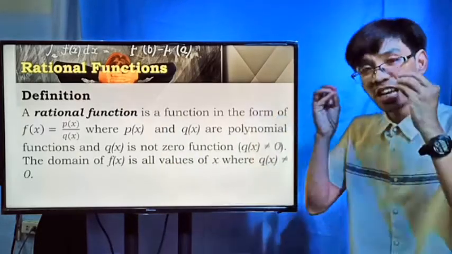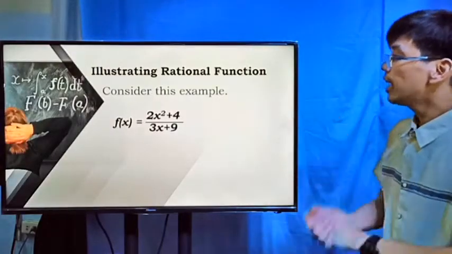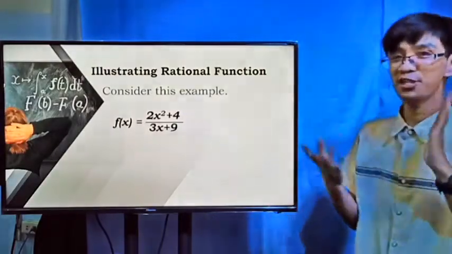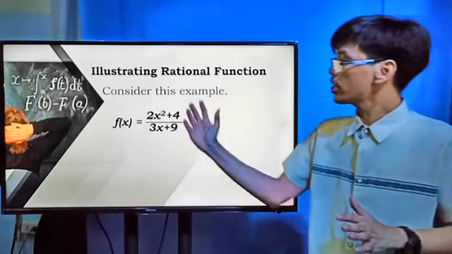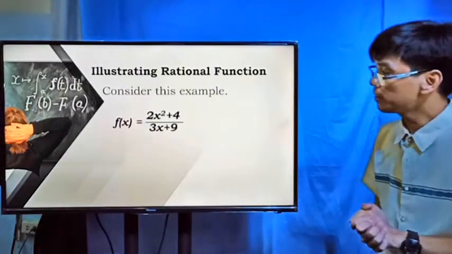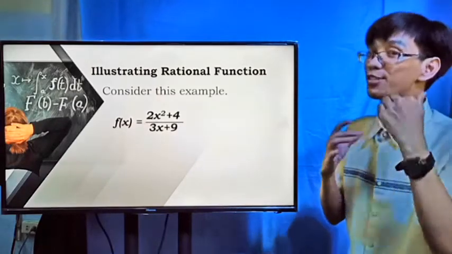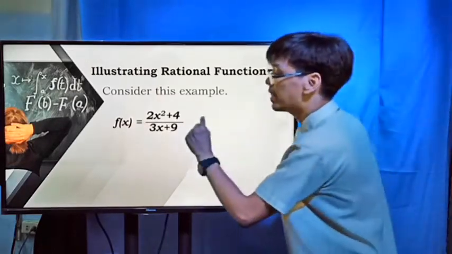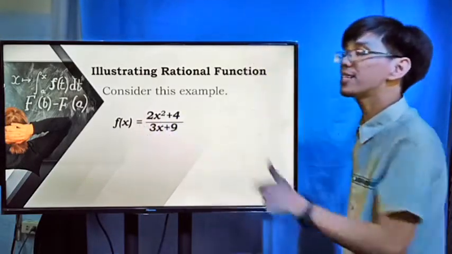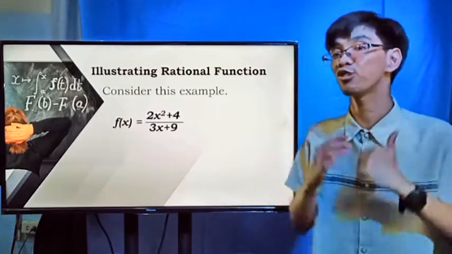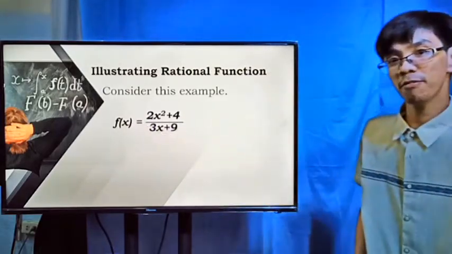To deeply understand what a rational function is, let us consider this example. As you can see, it is in the form of p of x over q of x, because it has a numerator and a denominator, and it is presented in a fractional form. Is the numerator a polynomial function?